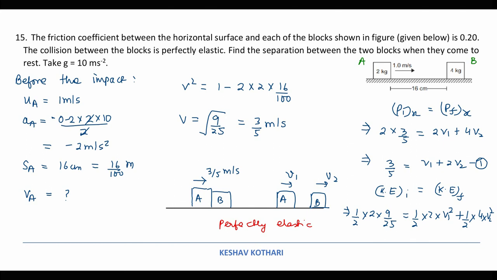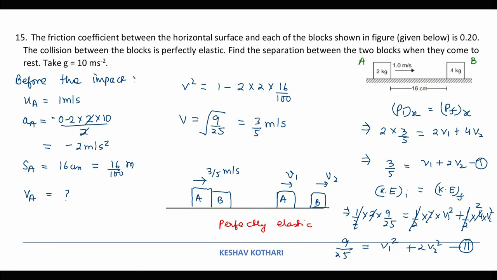We can cancel the half, and 2 can also be taken as common, and we get 9 by 25 is equal to V1 square plus twice V2 square. This is the second expression that we have.